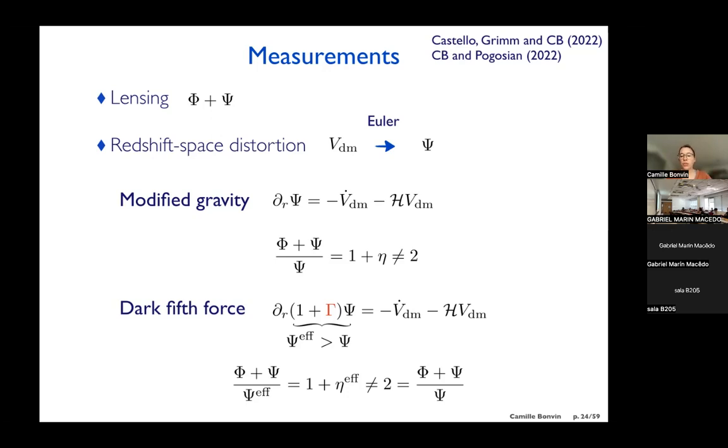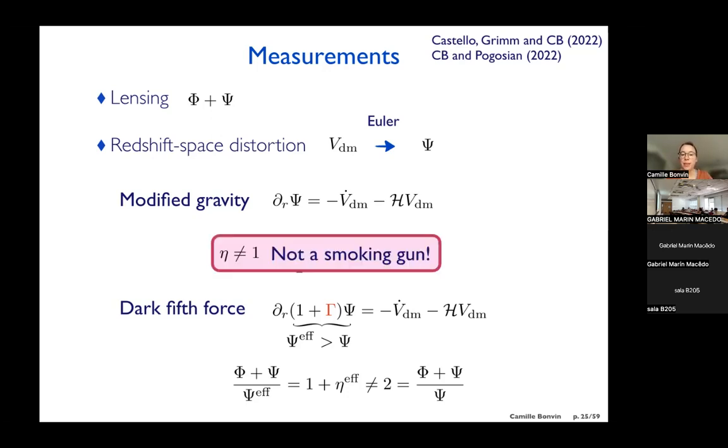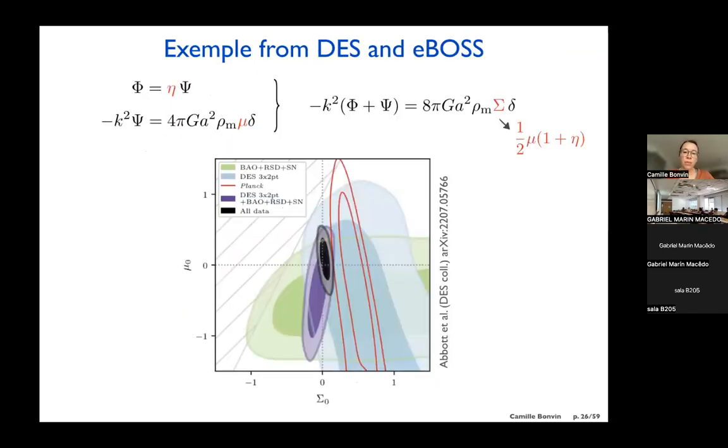So we cannot use an eta different from one as a smoking gun for modified gravity. It's not correct with current data. And so let me maybe here rephrase the argument in terms of this mu sigma parametrization that you may be familiar with, which is the one that is used by current lensing and redshift space distortion surveys.